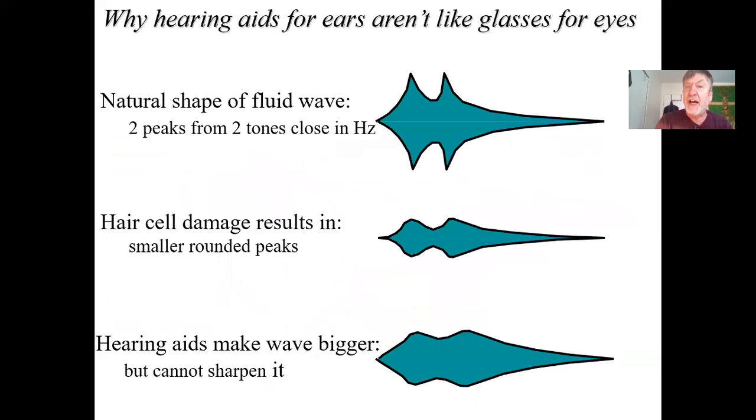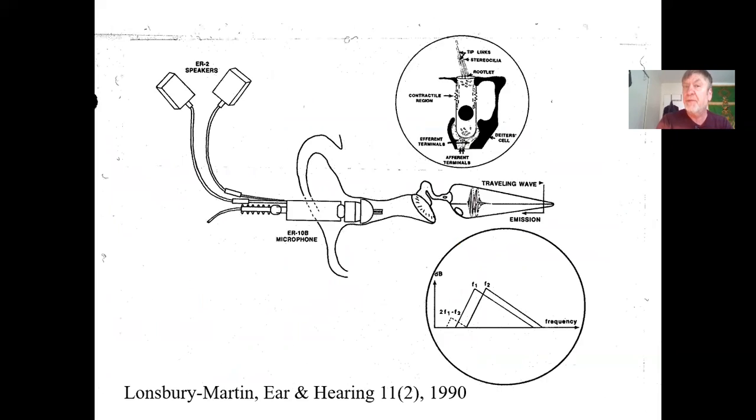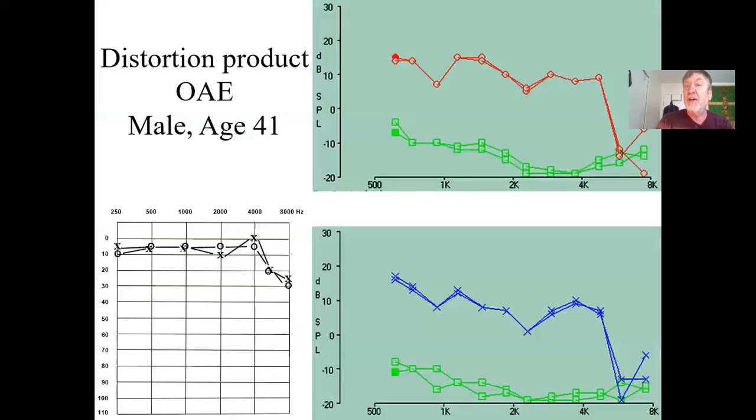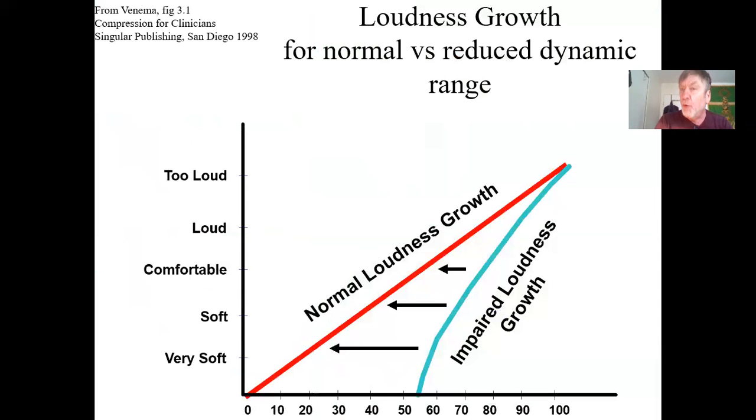So because of that, what happens to these people is they've got a rapid growth of loudness. Look at the light blue line. Now they can't hear until 50 or 60. So now 50 or 60 sounds very soft, and yet 100 sounds too loud.